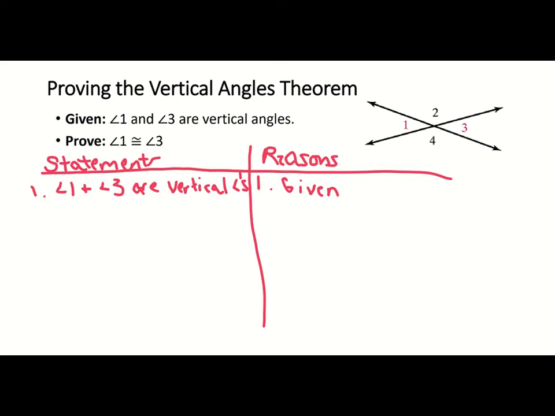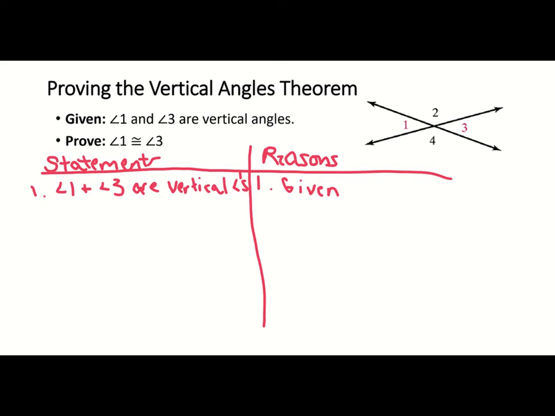Okay, now we need to figure out how we can prove that angles 1 and 3 are congruent. And since we're proving the vertical angles theorem, we can't use the vertical angles theorem. But what we do know is we can use other theorems. And one thing that I always say to look for when we have lines is look for that straight line.